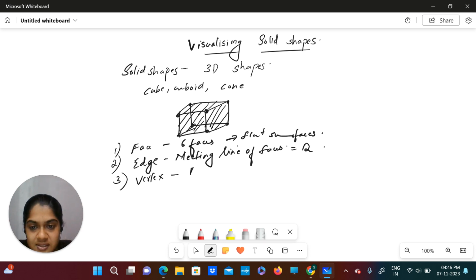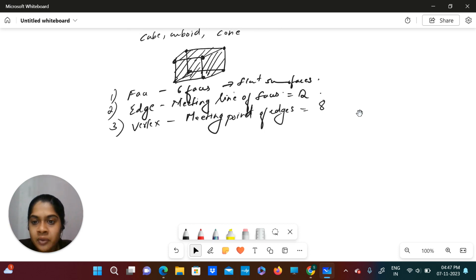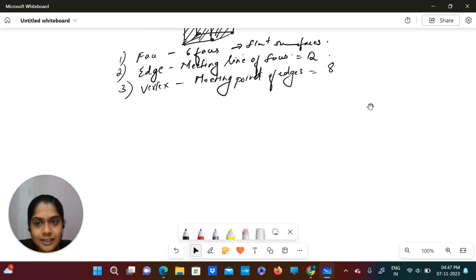Edge means meeting line of faces, vertex means meeting point of edges. So there are 8 vertices. These are the main parts of a 3D shape or 3D solid: face, edge, vertex.